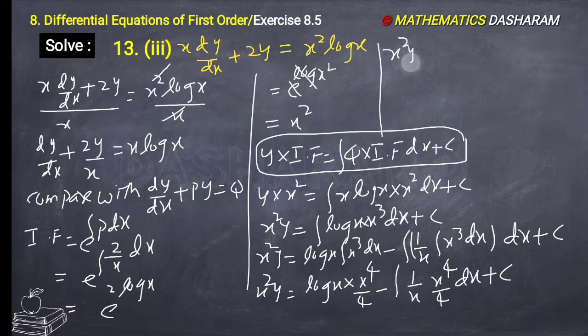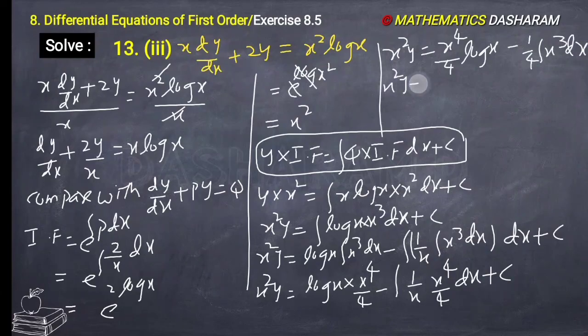So x square y equals x to the power of 4 by 4 into log x minus, here x gets cancelled, so 1 by 4 integration of x to the power of 3 dx. So x square into y equals x to the power of 4 by 4 log x minus 1 by 4 into x to the power of 4 by 4 plus c.